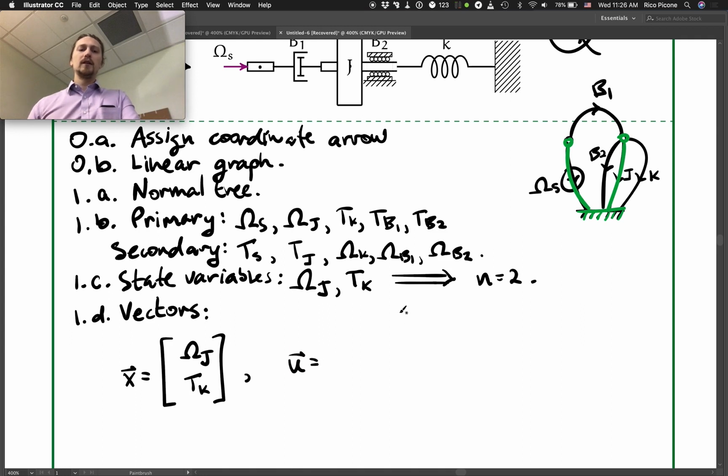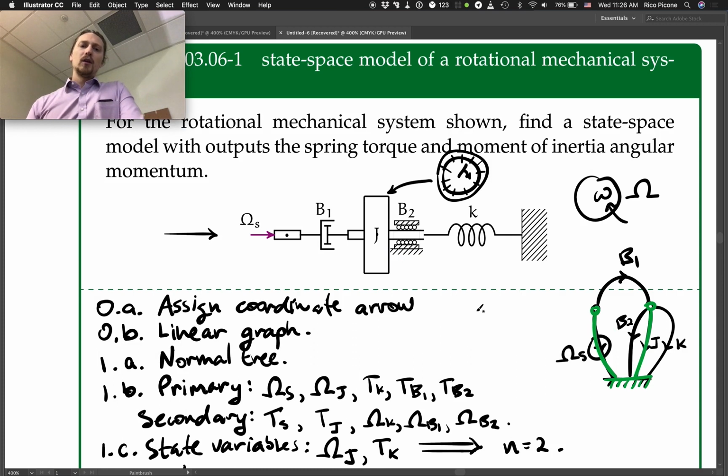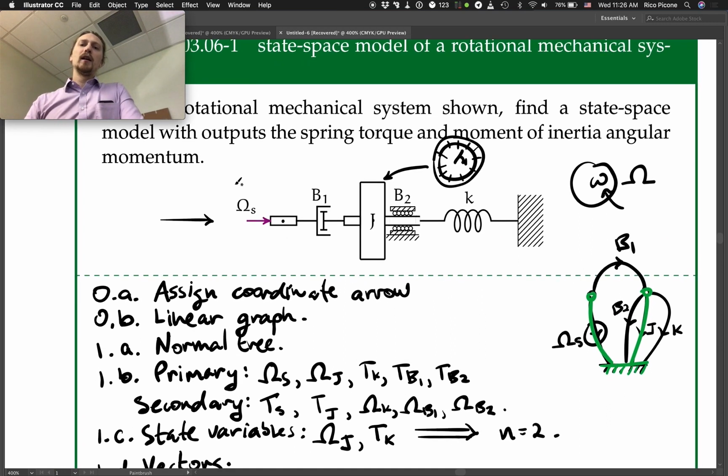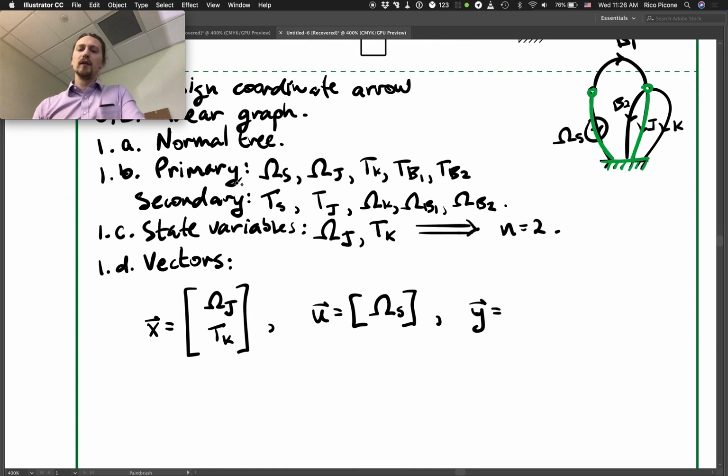Our input vector, once again, we only have a single input, so omega s. We'll see some problems with multiple inputs later, but for now, we're keeping it simple. And then y is our output vector, which we said in the problem that we're interested in the spring torque and the angular momentum of the moment of inertia.